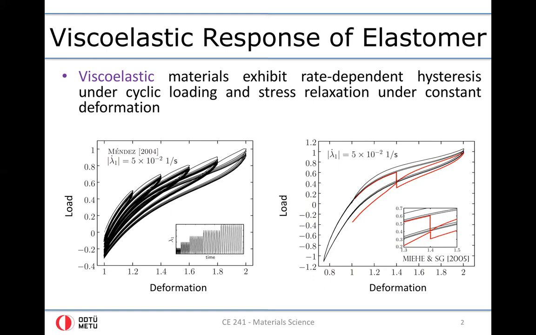If we had an elastic material, we would not observe such a stress relaxation at a constant deformation, but this is obviously not the case for viscoelastic materials. So these are the experimental observations typically made for viscoelastic materials.